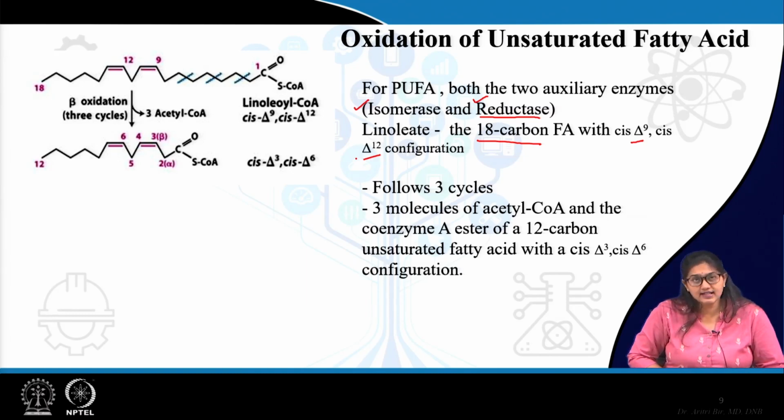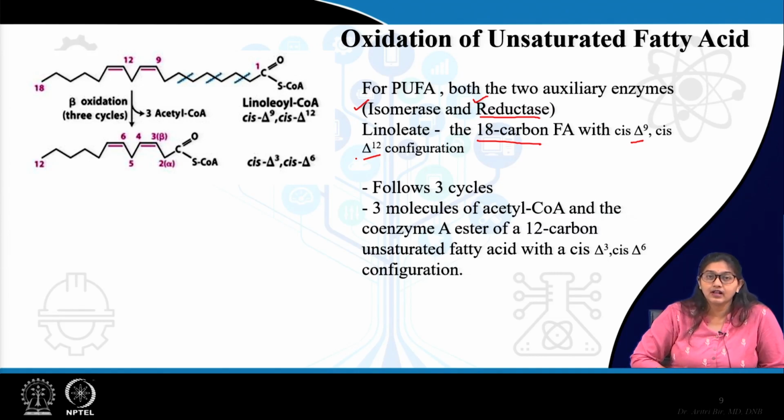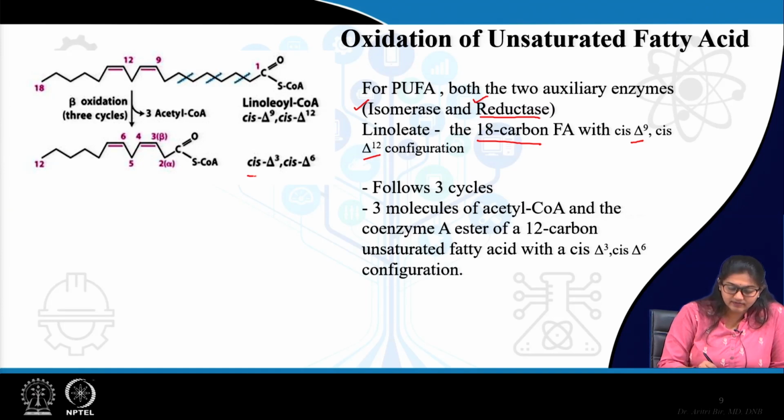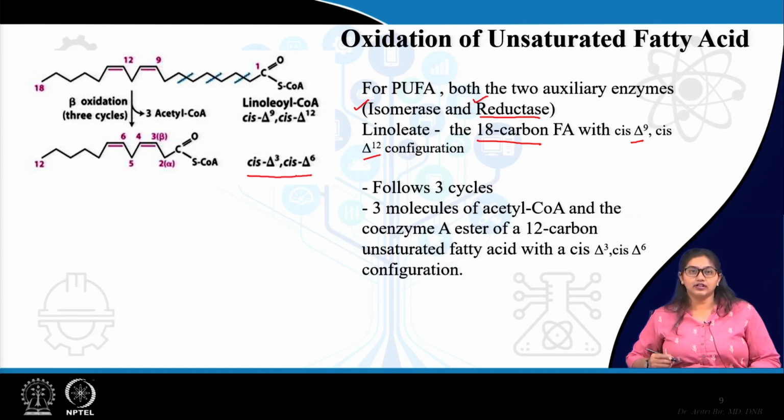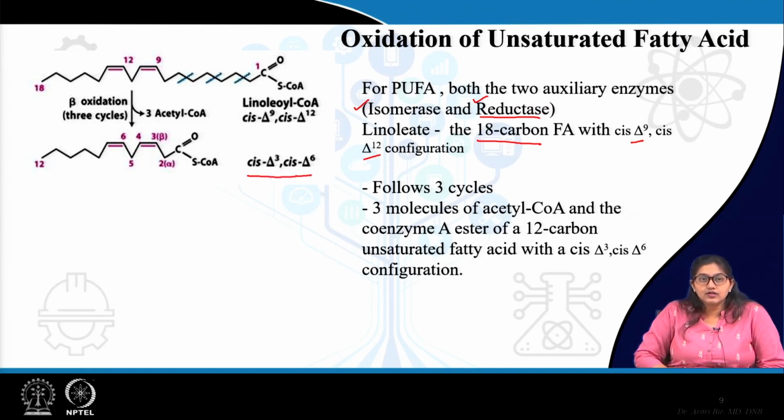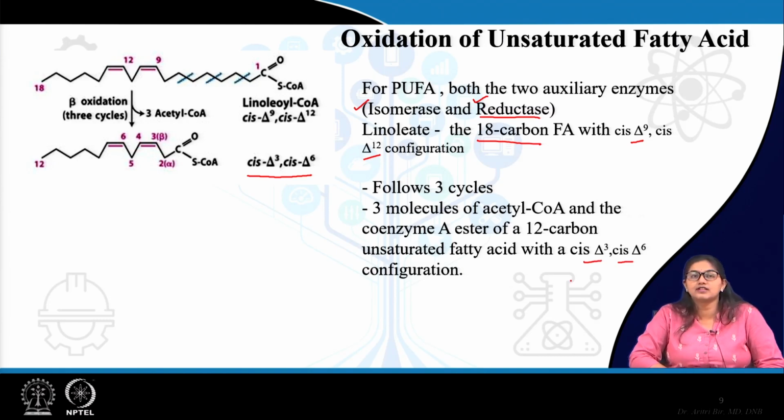Again linoleic acid undergoes 3 cycles of beta oxidation releasing 3 acetyl coenzyme A. Now, what is formed is this molecule. You can see there is a 12 carbon unsaturated fatty acyl coenzyme A with 2 double bonds, both in cis configuration.